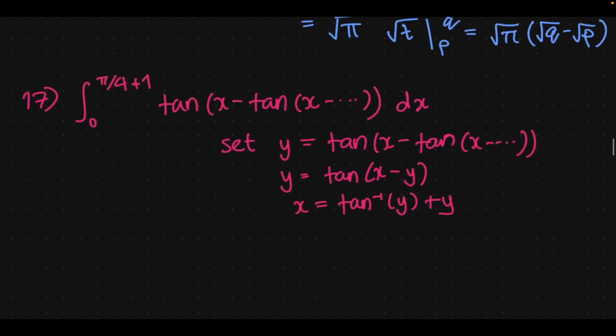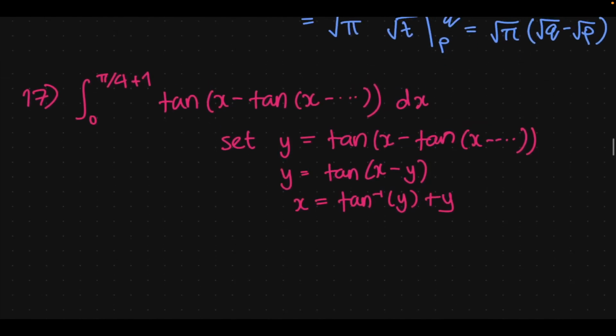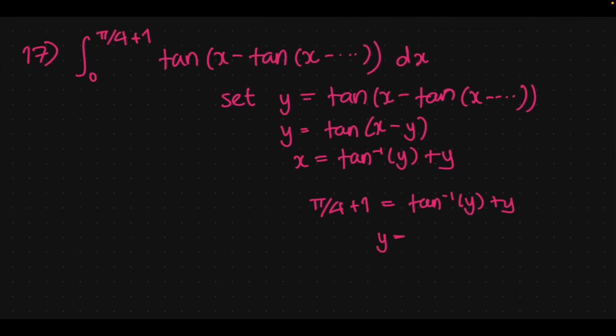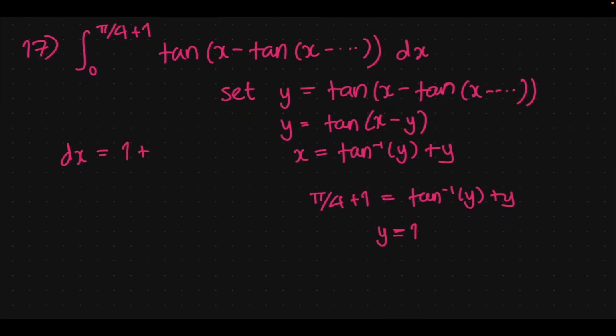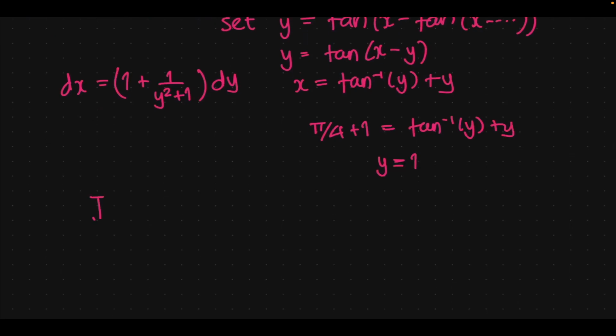And with this substitution, we have to find the upper and lower bounds. So the upper bound is when x is pi over 4 plus 1, which equals arctan of y plus y. When does that happen? It's kind of evident from this: y equals 1. And for 0, it's again evident that y has to be 0. Then comes the question of the differential. You can differentiate both sides. So dx is going to be (1 plus 1 over y squared plus 1) times dy. And that's all we need to transform our integral into something more palatable, something that we can solve.